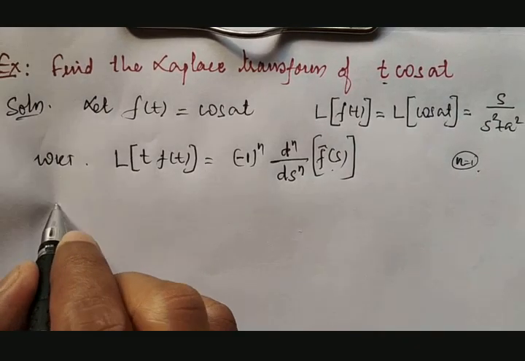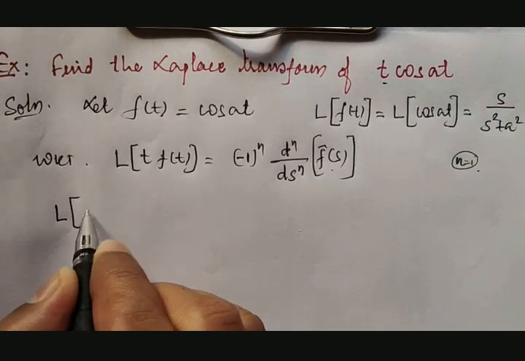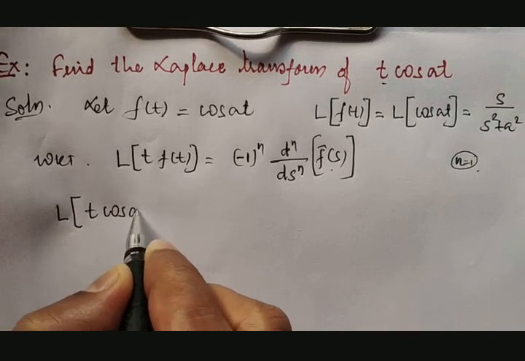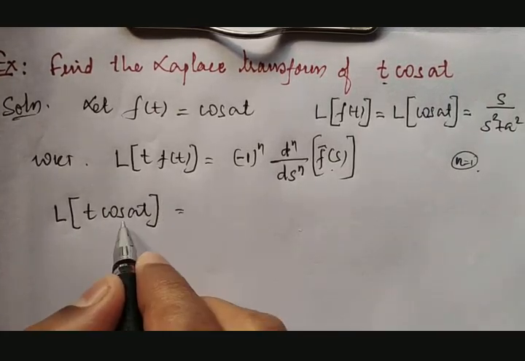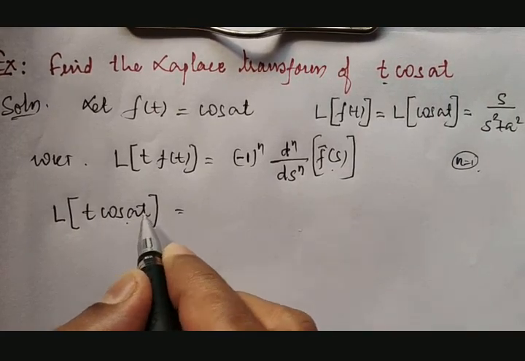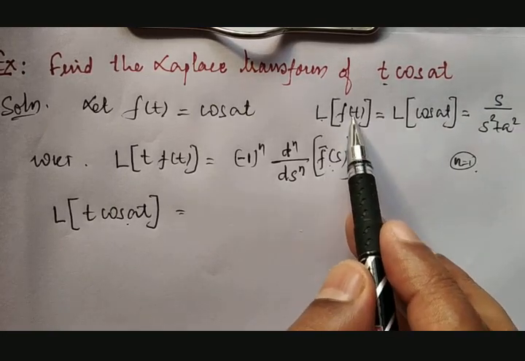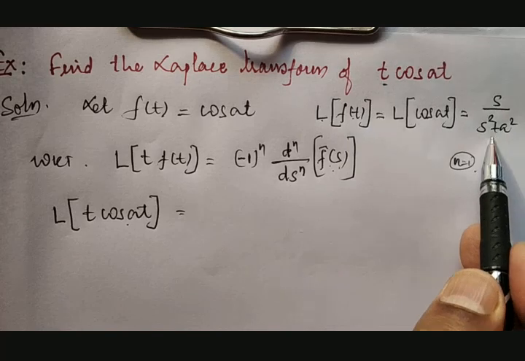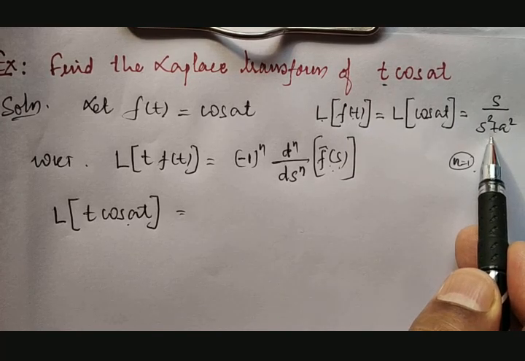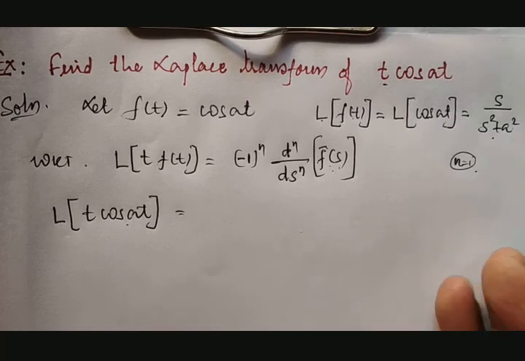Therefore, if I take the Laplace transformation of t into cos at, f of t is already taken, that is cos at, and we need to get f bar of s. So Laplace transformation of f of t is equal to f bar of s, already calculated, which is nothing but s divided by s square plus a square.